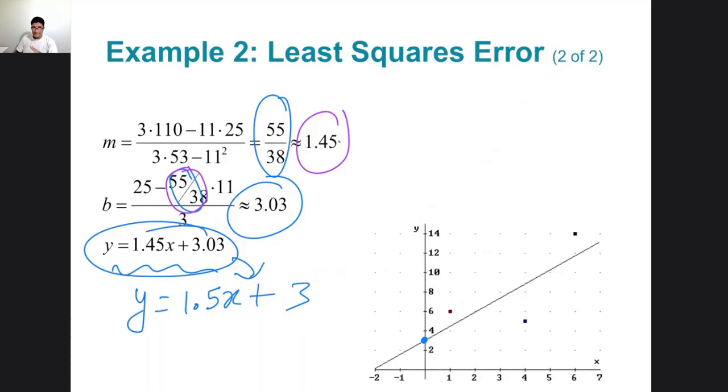That's important in calculations. Why? Because that 1.45 is already an approximation. If you use that to calculate b, first of all, we'll already have to do some approximation for b also, because there will be some decimals, and on top of that, if you have used a value that was already an approximation, you're compounding the error.